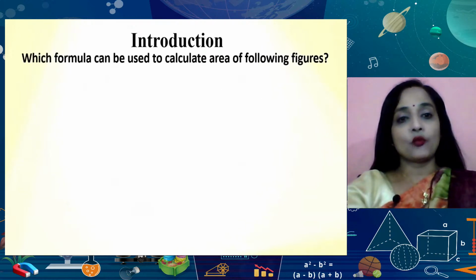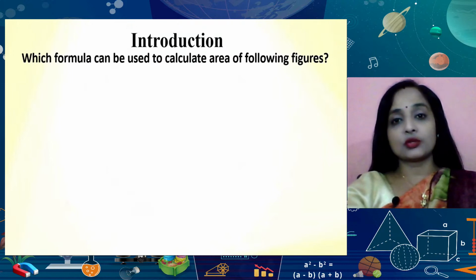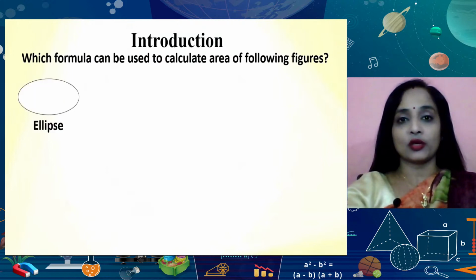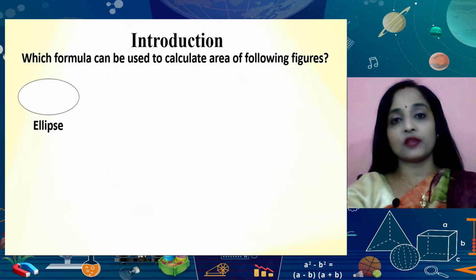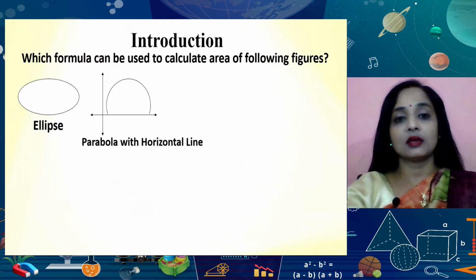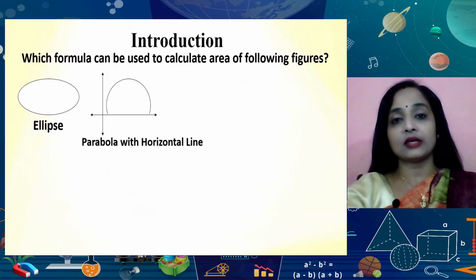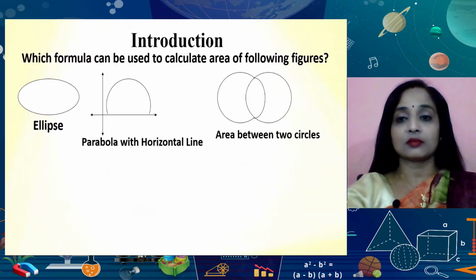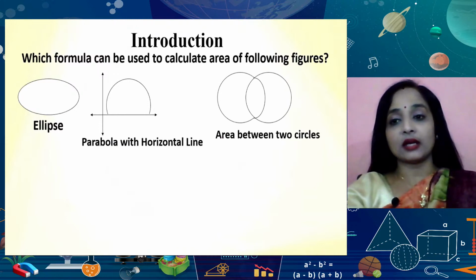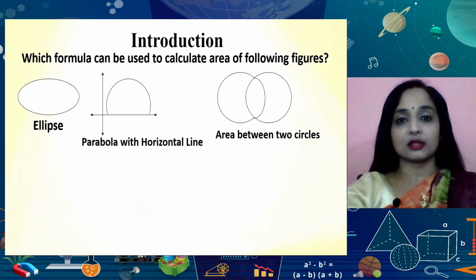Now, which formula can be used to calculate the area of the following figures? If the figure is an ellipse, or if you have to calculate the area bounded by a parabola with a horizontal line or x-axis. How will you calculate the area between two circles?